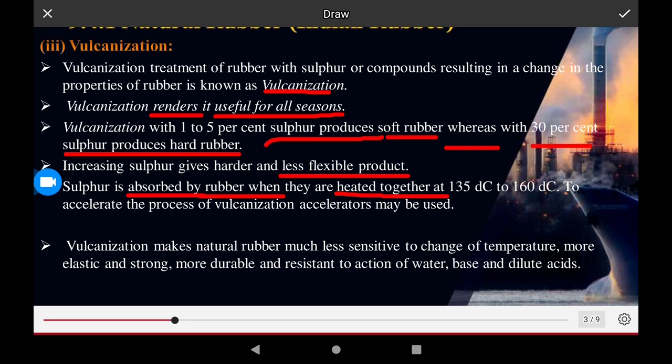Heating at 135 degrees Celsius to 165 degrees Celsius accelerates the process of vulcanization.